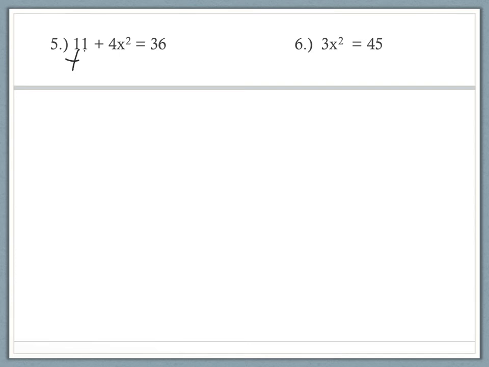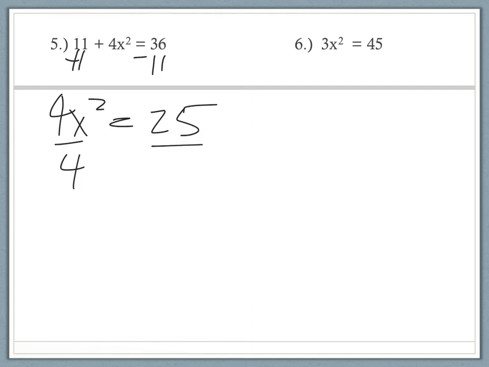We'll subtract 11 from both sides. So I have 4x squared equals, that's going to be 25. Okay. Divide both sides by 4. So x squared equals 25 over 4. I can't divide 25 by 4, that's okay. Let's just leave it as a fraction, because I do notice those are both perfect squares.